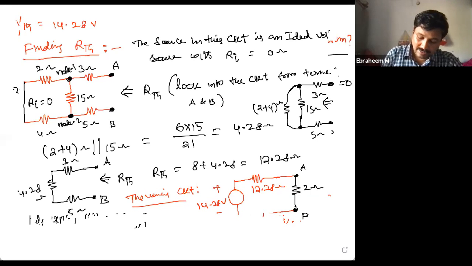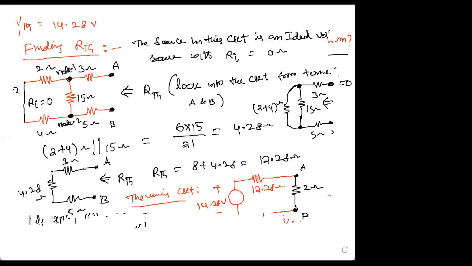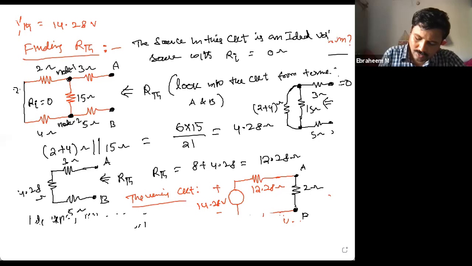Now I2 ohms is equal to, how to find this? 12.28 and 2 ohms are in series. So I2 ohms is 14.28 by 2 plus 12.28, total resistance.